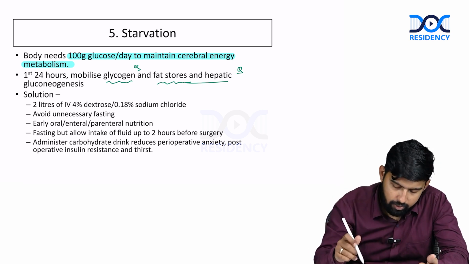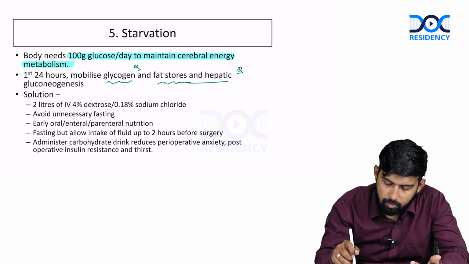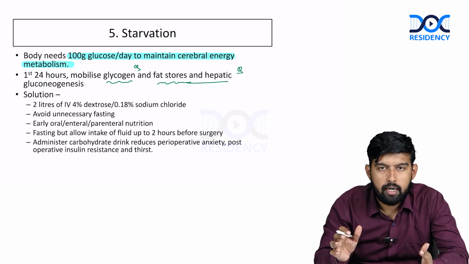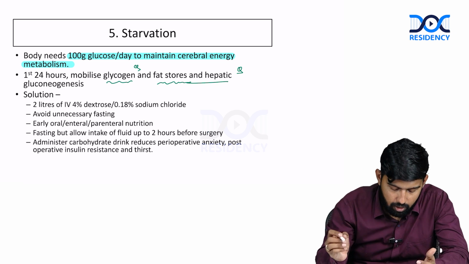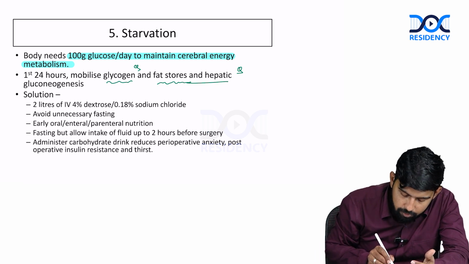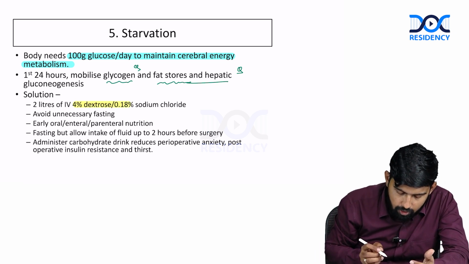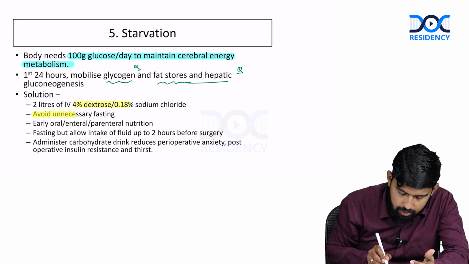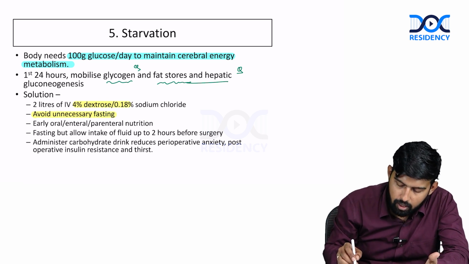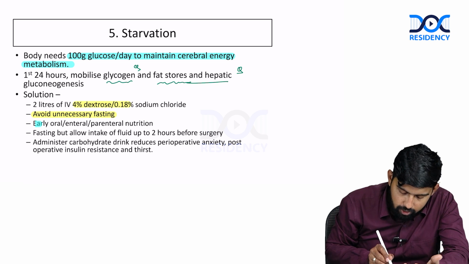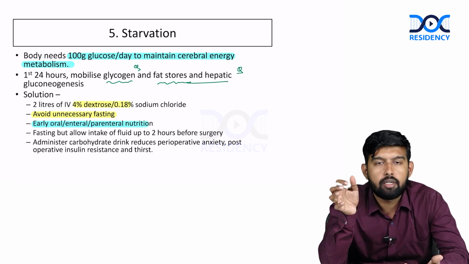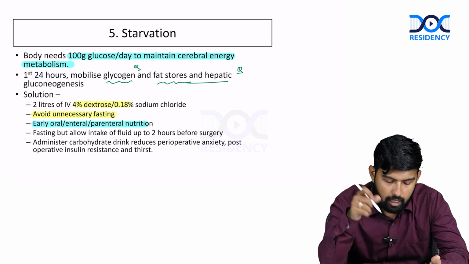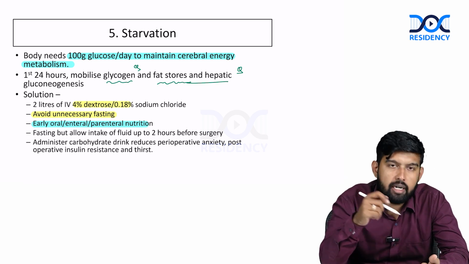This can be avoided by providing proper nutrition at a particular time, like provision of 4% dextrose, or by avoiding unnecessary fasting. Early oral, enteral or parenteral nutrition can be provided so that it avoids the starvation and the effects related to starvation.